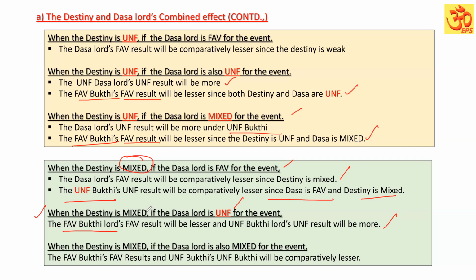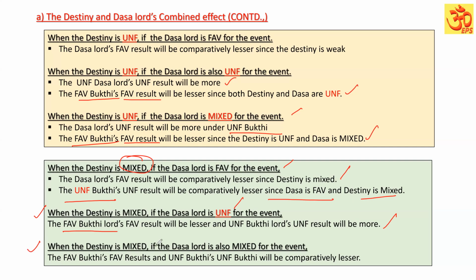It has given a green signal for both. So Dasa is saying, okay, it will take advantage of the unfavorable signification of the destiny, and the favorable Buddhi Lord's favorable result will be lesser because that Dasa is unfavorable. The unfavorable Buddhi Lord's unfavorable result will be more because Dasa Lord is unfavorable and destiny is mixed.